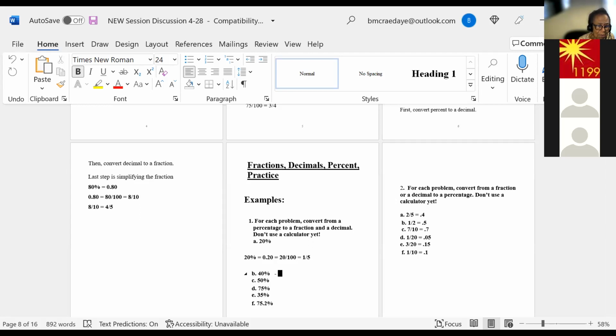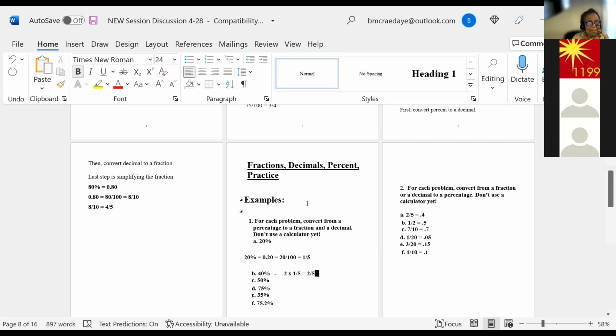Multiply numerators, multiply denominators. 2 times 1 is what? 2. 5 times 1 is what? 5. That's it. 2/5.